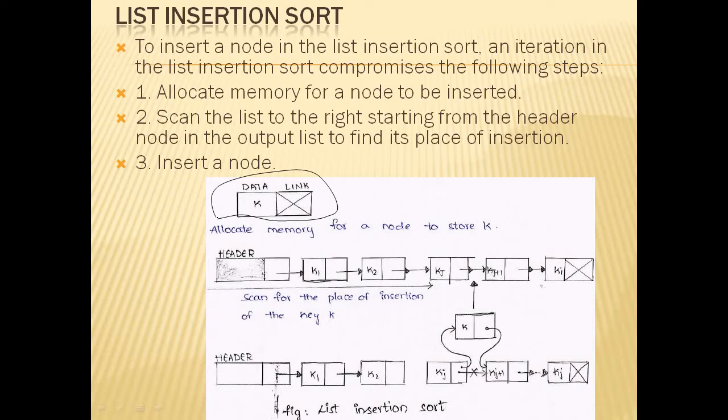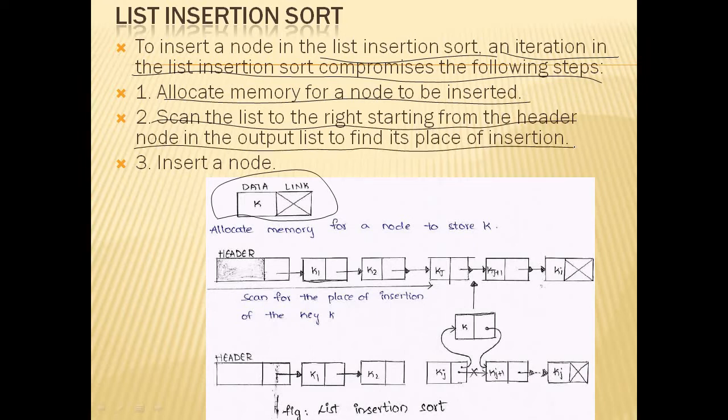Now we discuss how it is performed. An iteration in list insertion sort comprises the following steps. The first is to allocate memory for the node to be inserted. Then scan the list to the right, starting from the header node in the output list, to find its place of insertion.